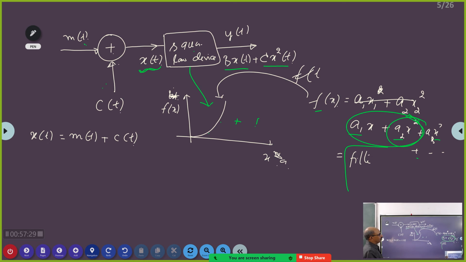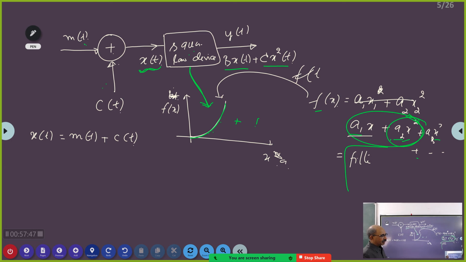Sir, how did you get cx square? See, this square law device contains this type of a function. Correct? This type of a function means it will contain x and x square.